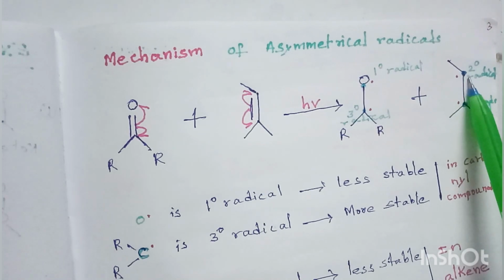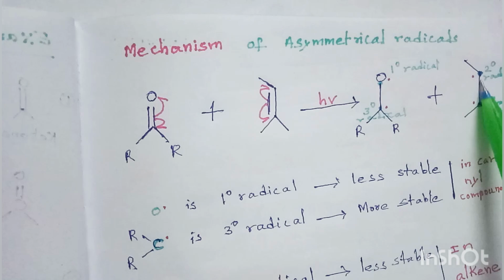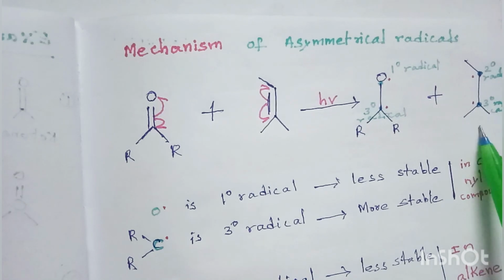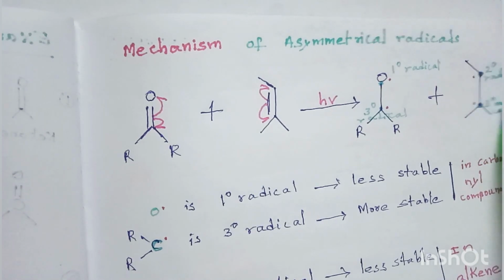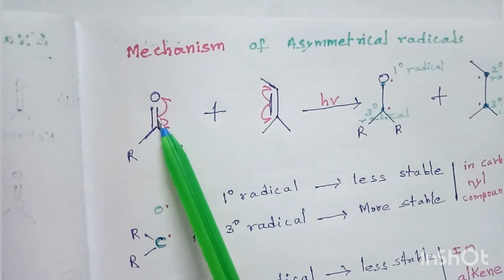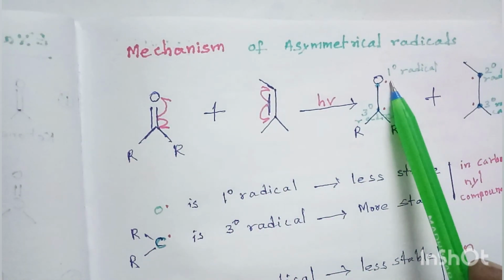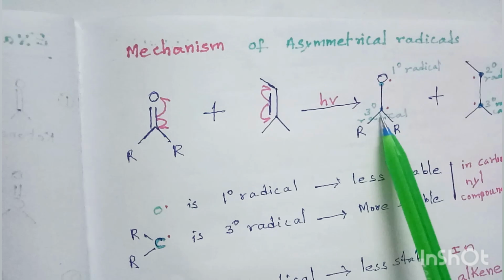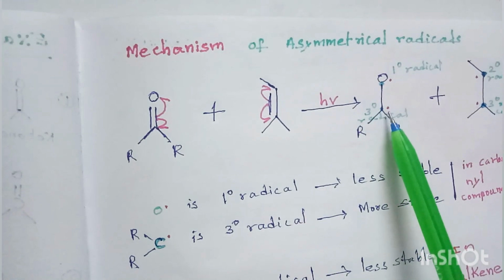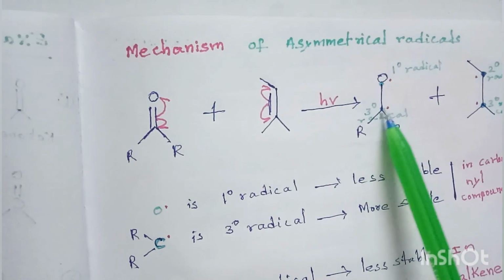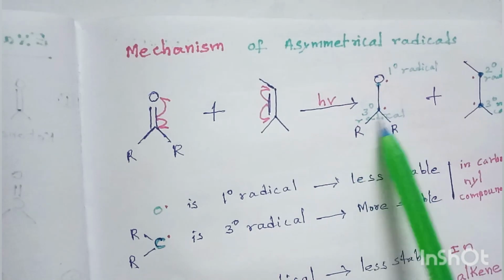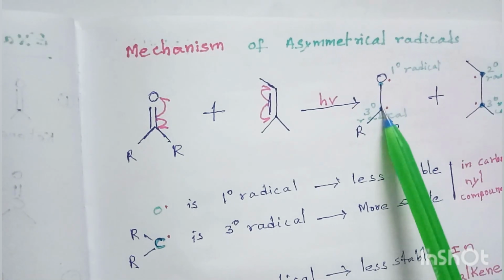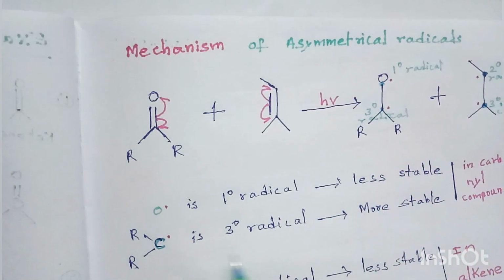This carbon will give a secondary radical, whereas this carbon will form a tertiary radical, that is a third degree radical. As usual, oxygen will form a radical and this carbon will form a radical. This oxygen is a primary radical, whereas this carbon is a third degree or tertiary radical, because one R group, another R group and another atom is attached to this carbon, so it is a tertiary radical.